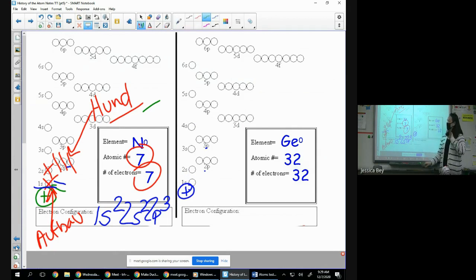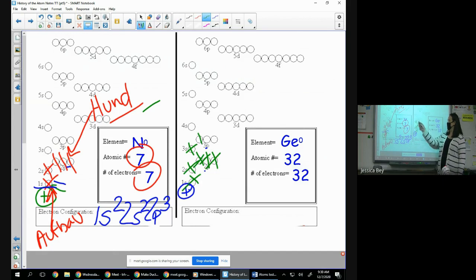So let's find a place for 32 slashes. 1, 2, 3, 4. Spread them out. 5, 6, 7. Then you go back and double up because of Hund. 8, 9, 10. 11, 12.